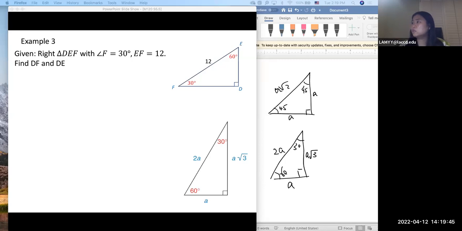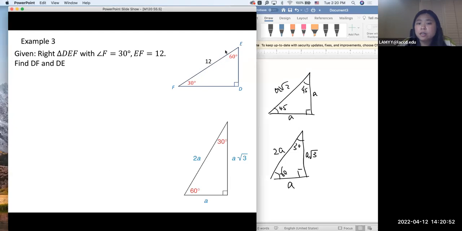Figure out the A first and then plug it in. Okay, first, what did you guys get for your A equal to? 6.